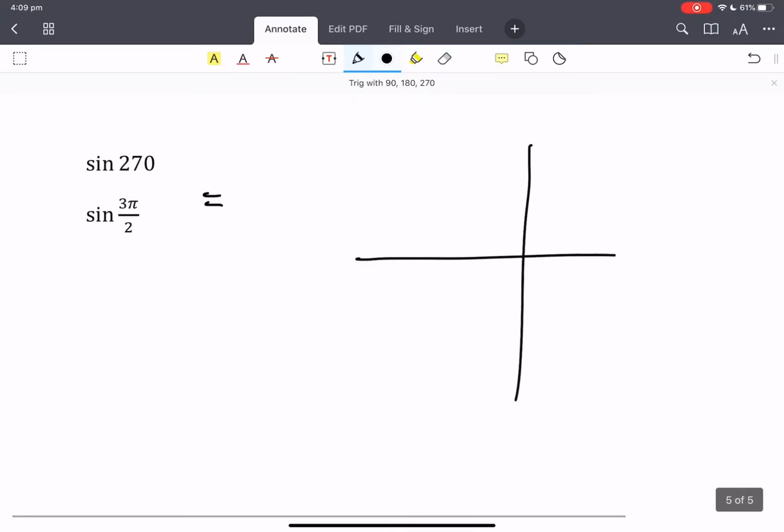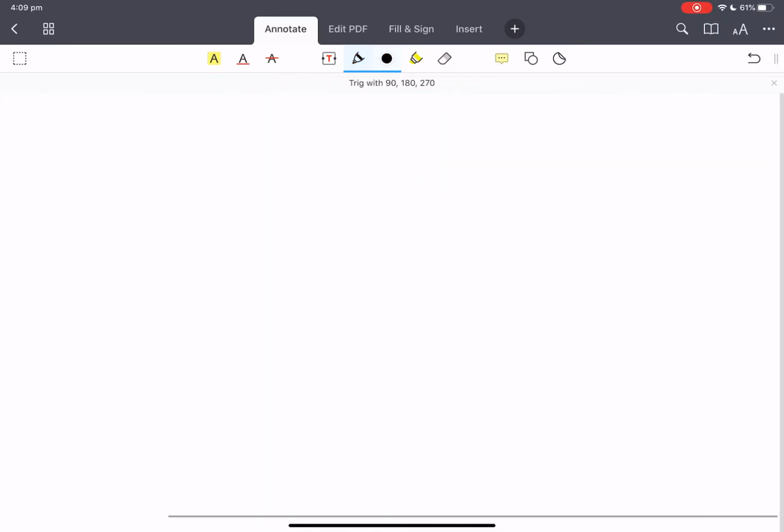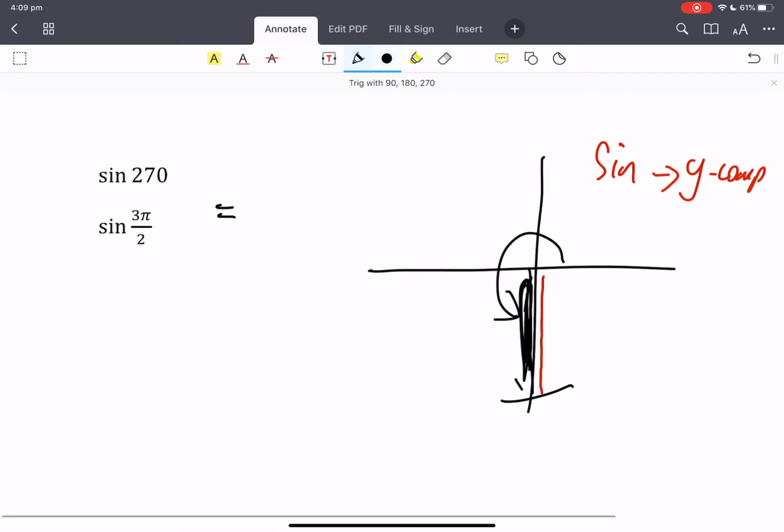270. Here's my 270 degrees. Vertical line. Sine is the length of my red line, or my y component. Whoops, y is negative down there. So it's going to be negative 2 on 2.